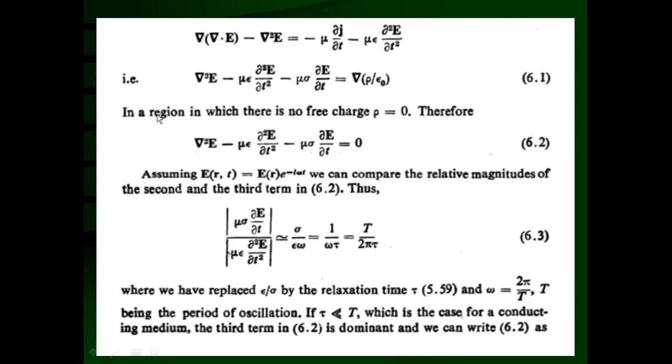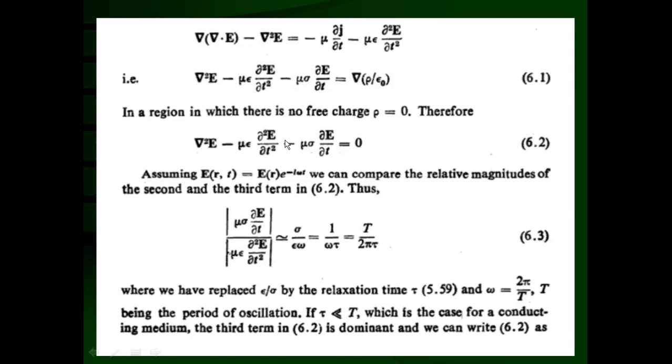If these electromagnetic waves are propagating in a medium where there is no charge, then the volume charge density ρ is 0. In that case, the term inside the bracket is 0, so the divergence of 0 is 0, and the right hand side of equation 6.1 is 0.